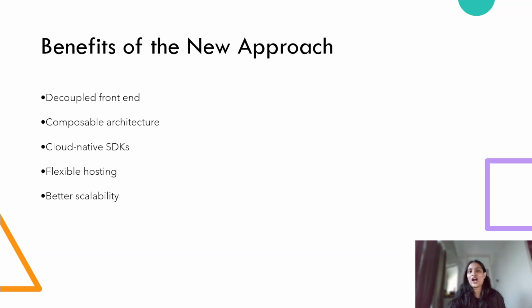In short, the architecture is perfect for modern development teams who want full control over the UI while still leveraging Sitecore content, personalization, and other additional features like CDP, search, etc.